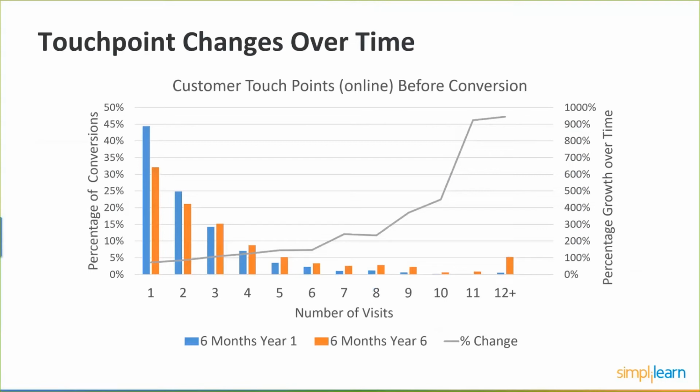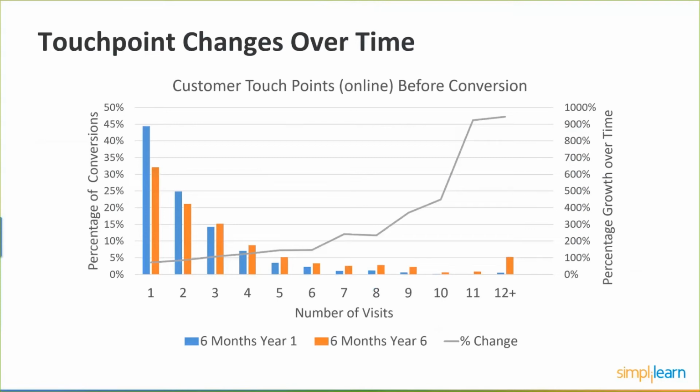A few years ago, almost 45% of people were one touch. And almost no one was 6 or more touches. That was very rare. Then we looked at the exact same data, exact same website a few years later and said, now how often is it taking someone to convert? And the trend line is the increase or decrease in number of visits before conversion.